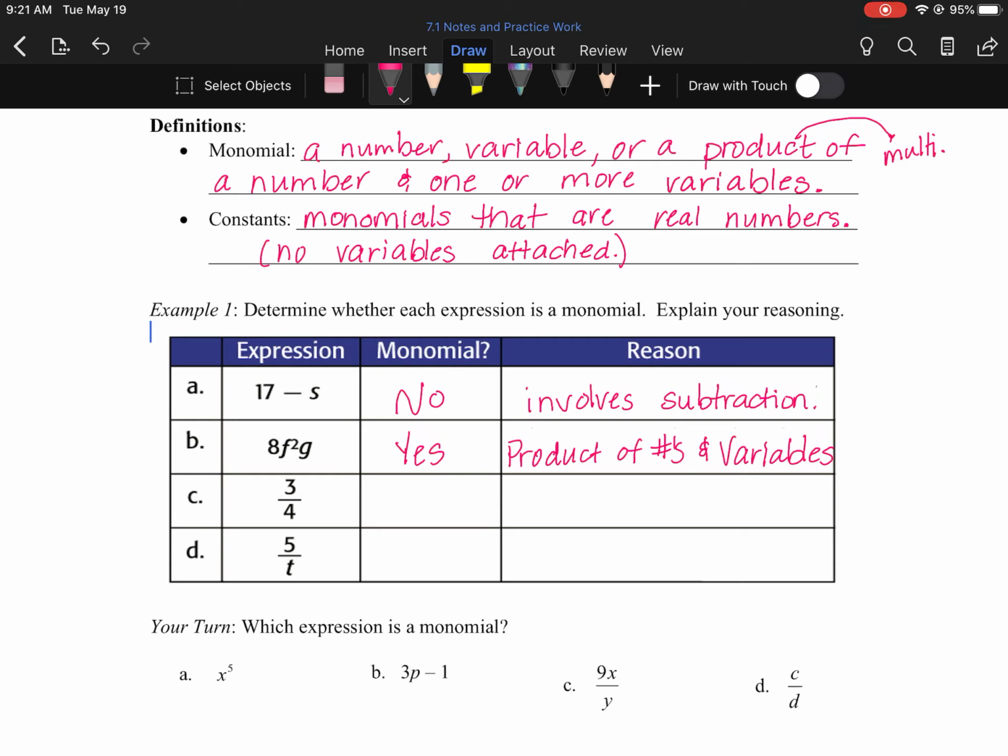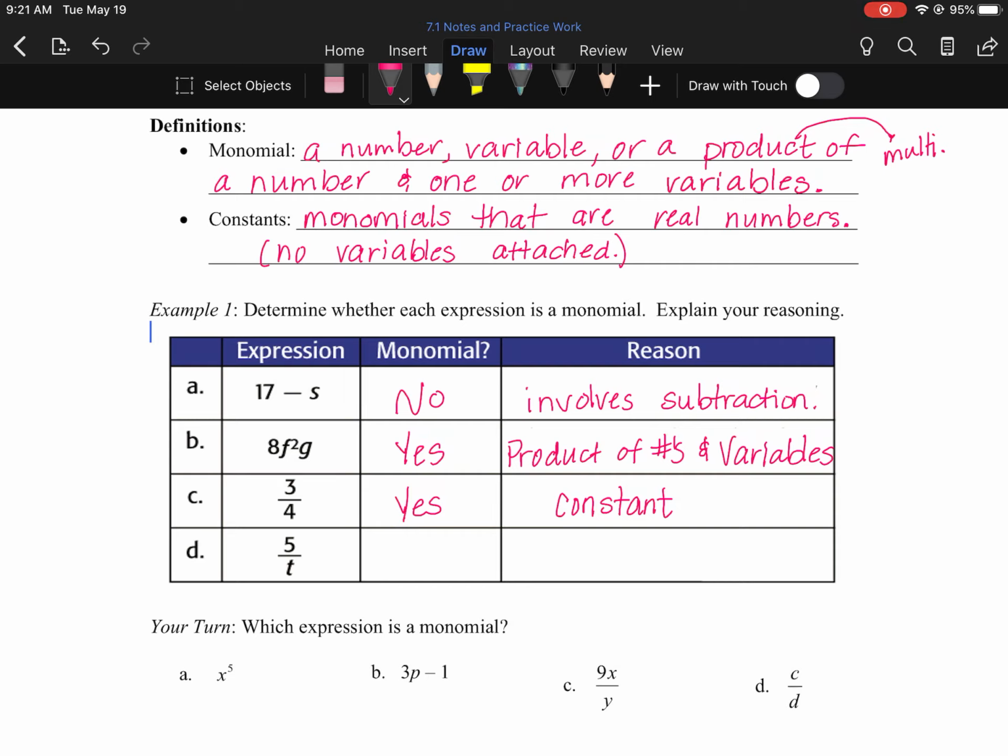So this is a monomial because it's just a number, and it's actually, since it's just a number by itself, it's a constant term. And you guys should be familiar with constants because we did this way back in the beginning when we learned about what constants were, what variables were, and what algebraic expressions were.